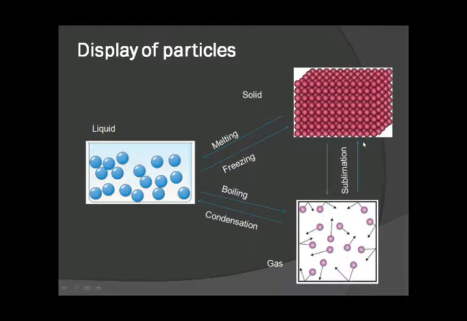An example of a substance that operates like this is carbon dioxide. Carbon dioxide can exist only as a gas and a solid, and the solid we know as dry ice. As it starts to gain energy or get heated up, it quickly defrosts and moves to a gaseous state.